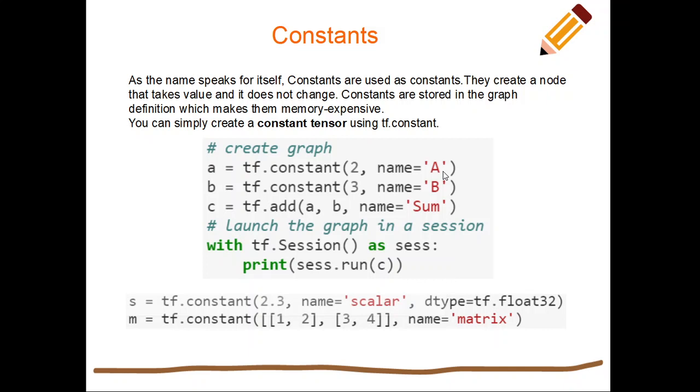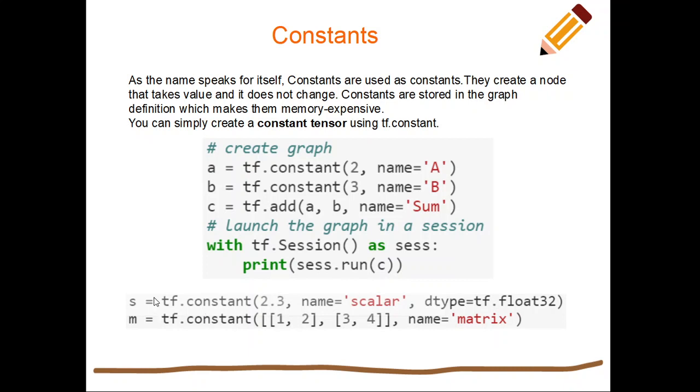That means you can refer to this particular thing using this particular name over here. Okay, so if we are trying to do the same thing that we did in the earlier slide, we create two TF constants and then we add them and we give it a name. Okay, and then we can do the computation as we did earlier.